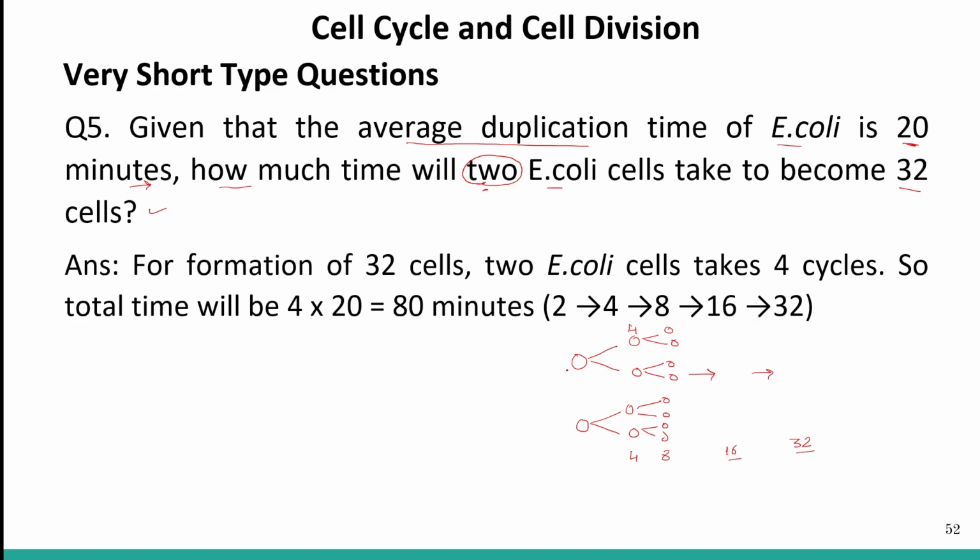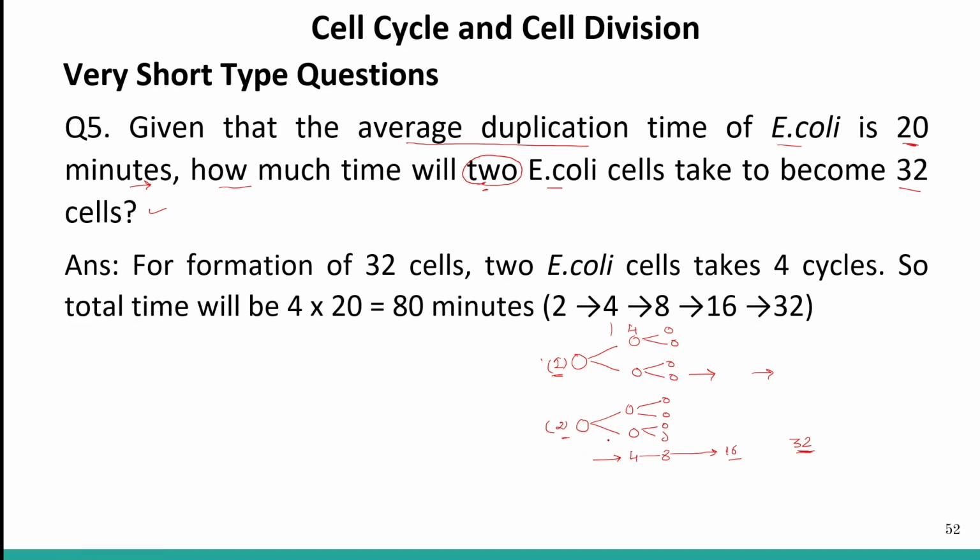So now 2 E. coli cells, the first one, and this one is the second E. coli cell, give rise to 32 cells, and it takes 4 cycles of cell division. So the 2 E. coli cells form 32 cells in the end, and it takes 4 cycles.